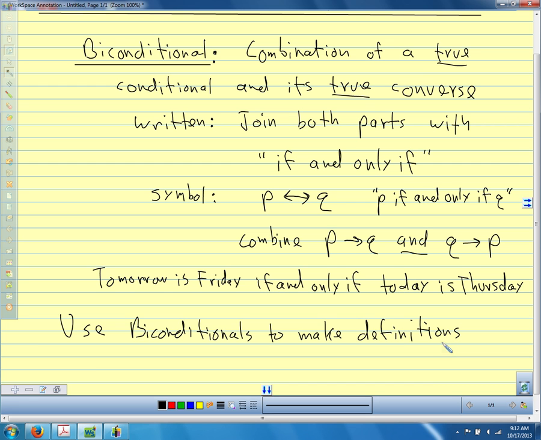So I want to do a little exercise on making a definition. We're going to find the conditional statements and its converse, and we're going to come up with a definition. So that's what I want to do next.